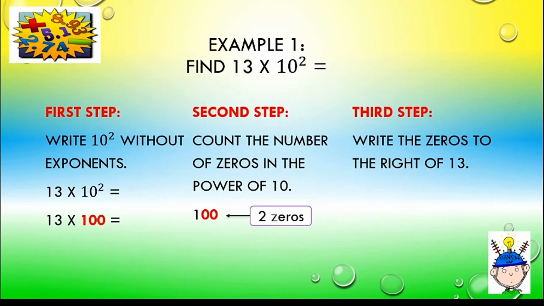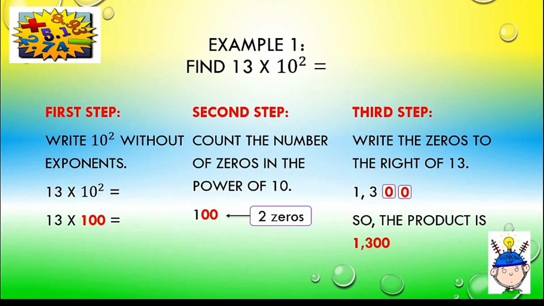We will not include 0. So 13 times 1 equals 13, and copy the 2 zeros. So the answer is 1,300. 13 times 10 squared equals 1,300.